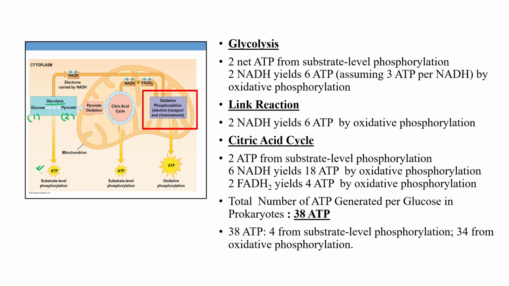Just now we discussed how many? 2 ATP molecules. The generation of this ATP is known as substrate level phosphorylation. They are generated directly, although during this process some amount of NADH is also generated, but that is not ready to give up its energy.